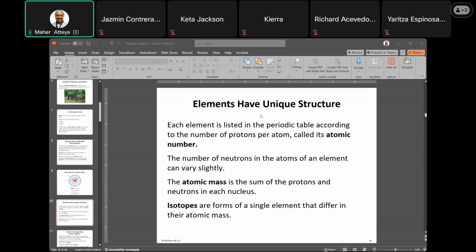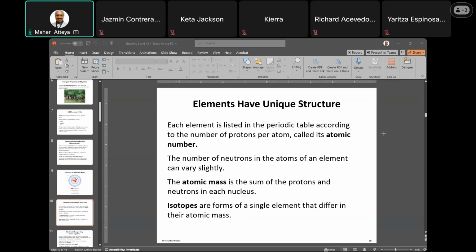The element has a unique structure, of course. An element is characterized with two items.